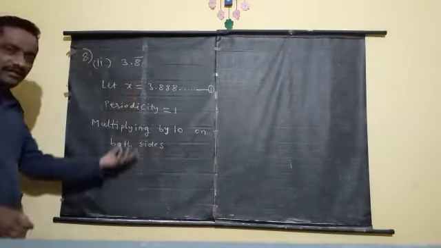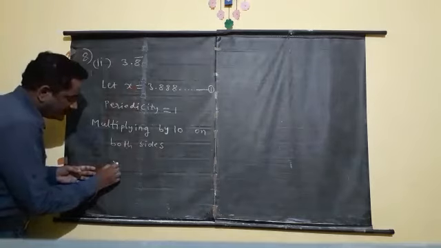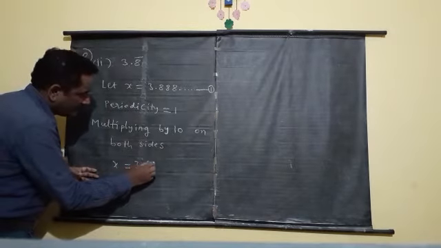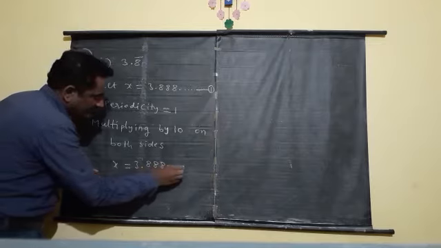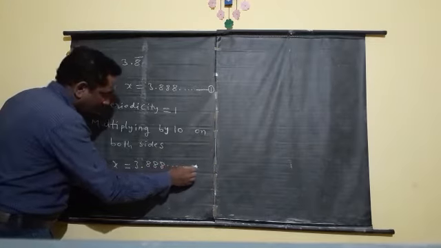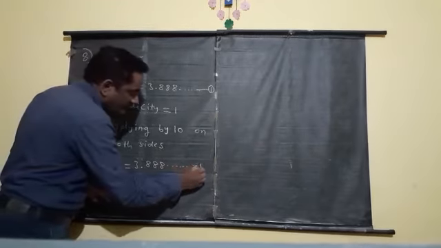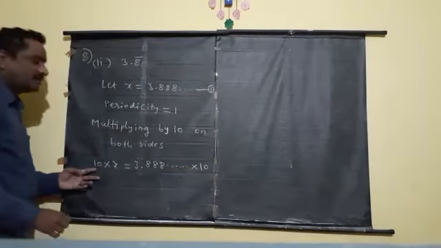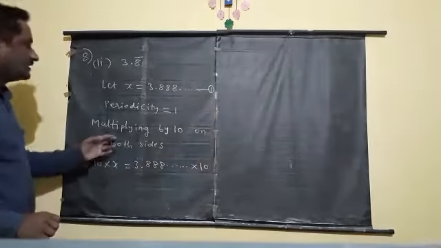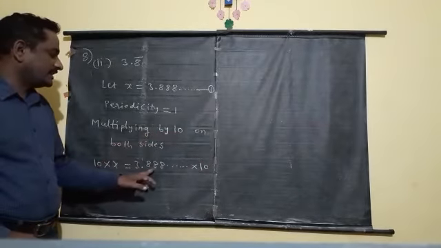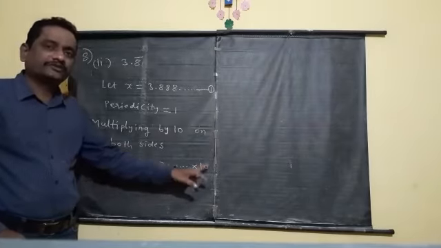Take the first equation once again: x is equal to 3.888 and so on. LHS side into 10, RHS side also into 10. Both sides we have to multiply by 10. 10 into x is equal to 3.888 into 10.